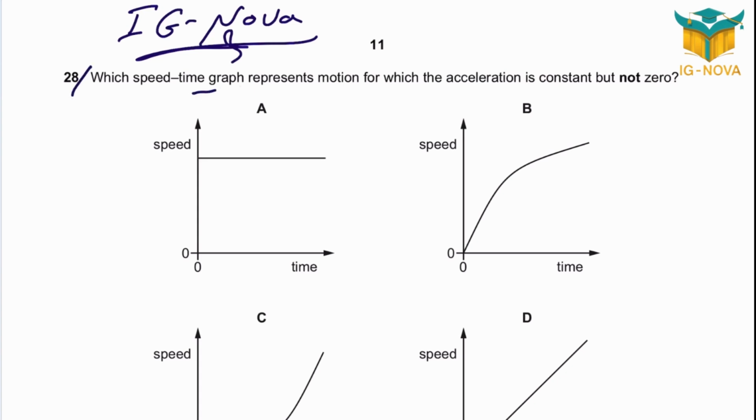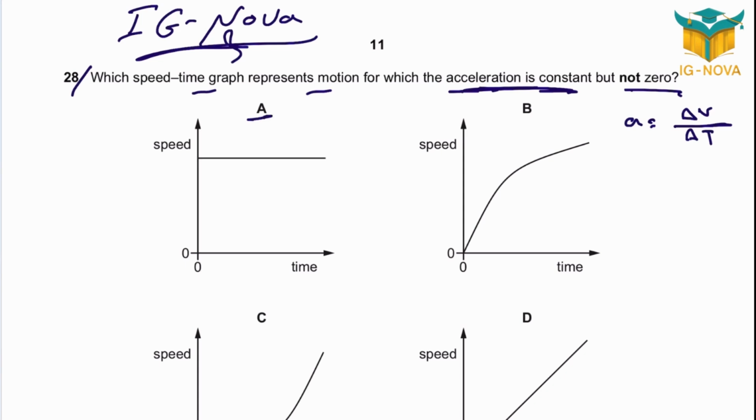Which speed time graph represents motion for which the acceleration is constant, but not zero? Acceleration is constant, that means, let's remember the rule. a equals delta v over delta t. That means the change of velocity is fixed while time passes. But the change is fixed, that means speed must change.